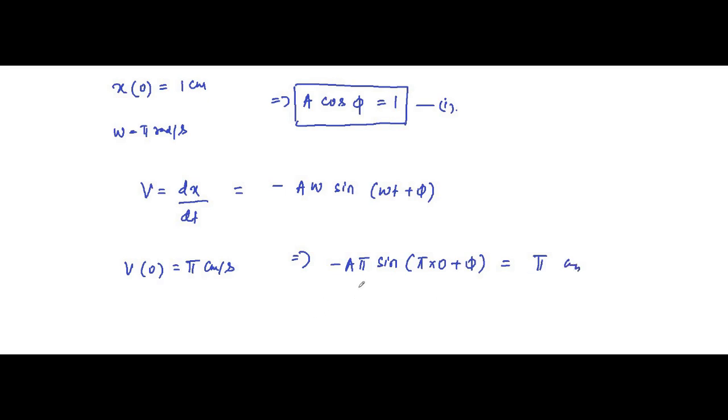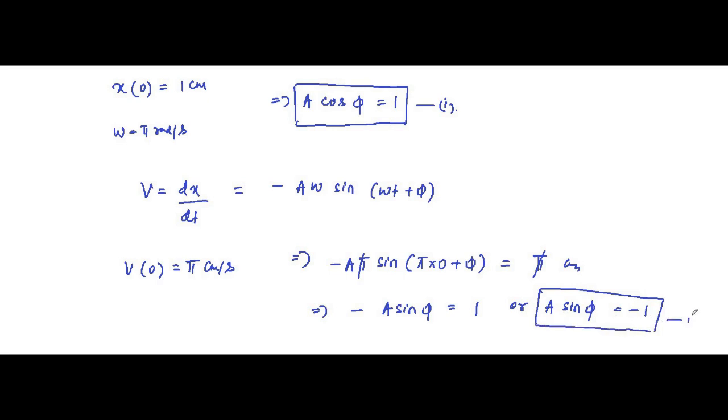So here pi will get cancelled, and that implies minus A sine phi is equal to 1, or A sine phi is equal to minus 1. This is equation number 2.